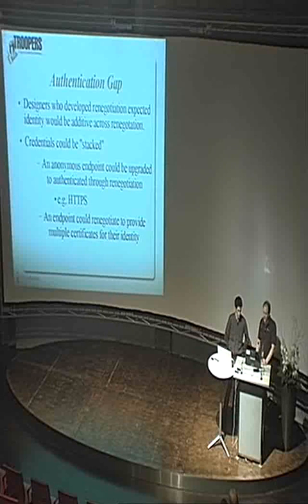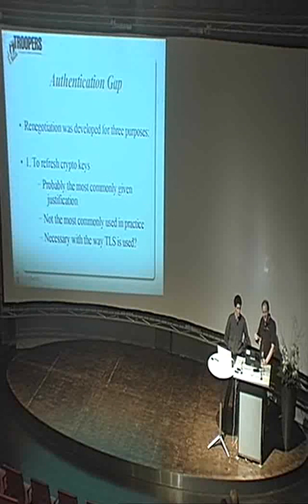And HTTPS does this regularly when client certs or smart cards storing client cert credentials are used. And so an endpoint could renegotiate, and you could supply multiple certificates, and those certificates should stack, and establish a stronger identity.